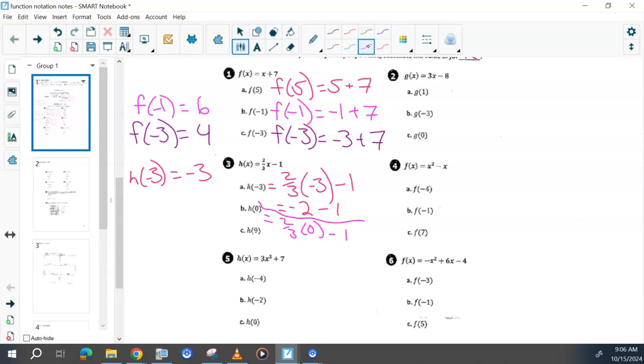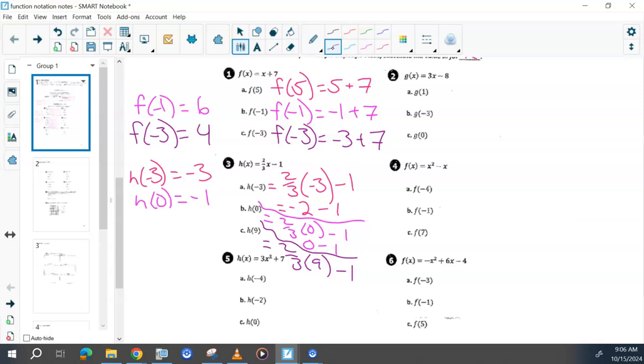Two-thirds times 0 would give us 0. So h of 0 is what? Negative 1.